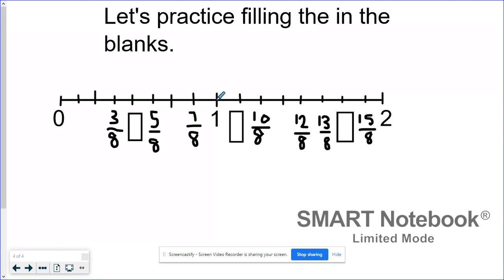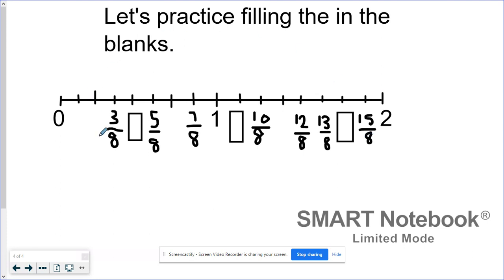When I look from 1 to 2, I can also see that it was broken into 1, 2, 3, 4, 5, 6, 7, 8 as well. So from 1 to 2, I have this line broken into eighths. And you can also see down here, they give you that clue.